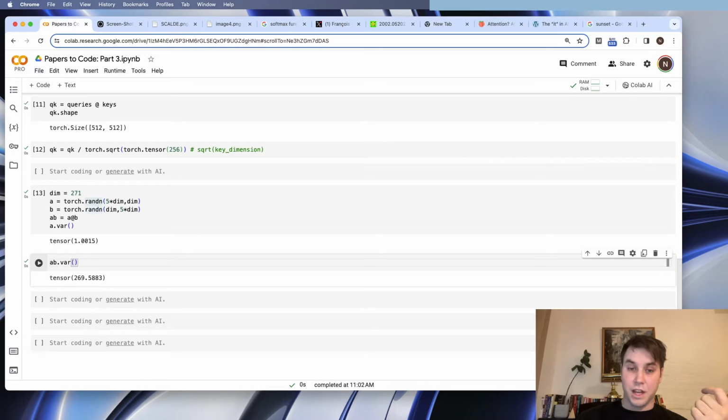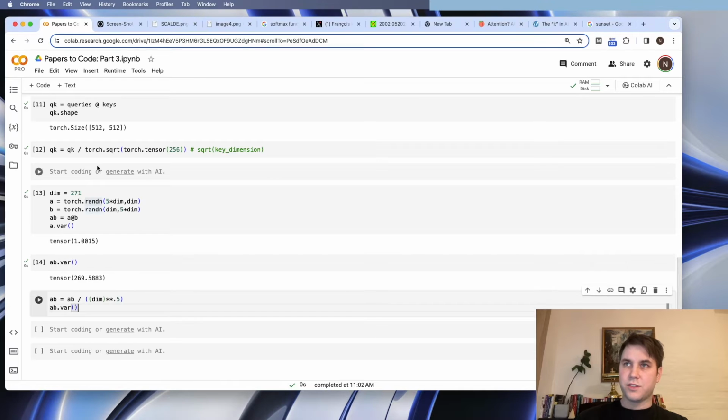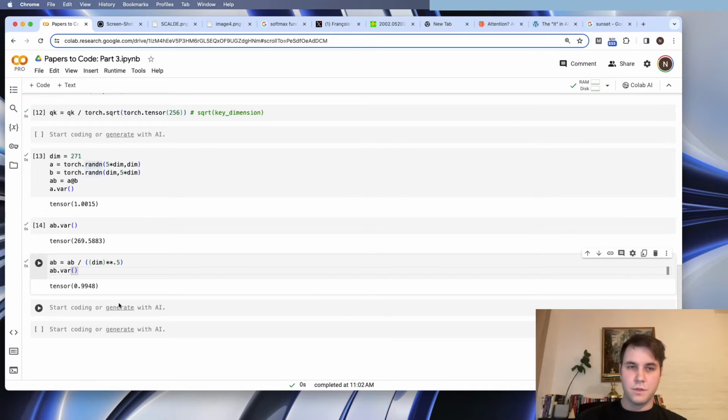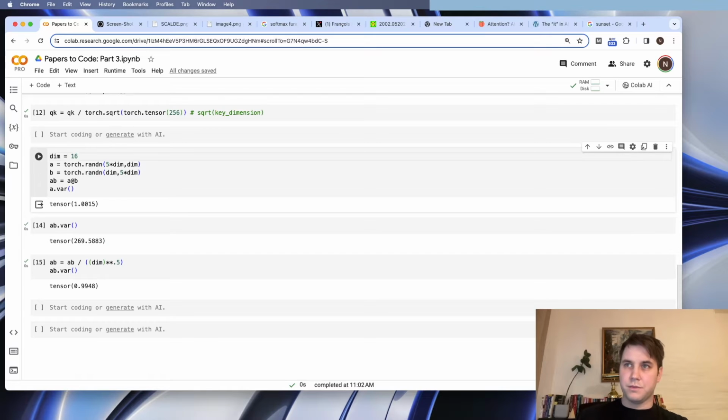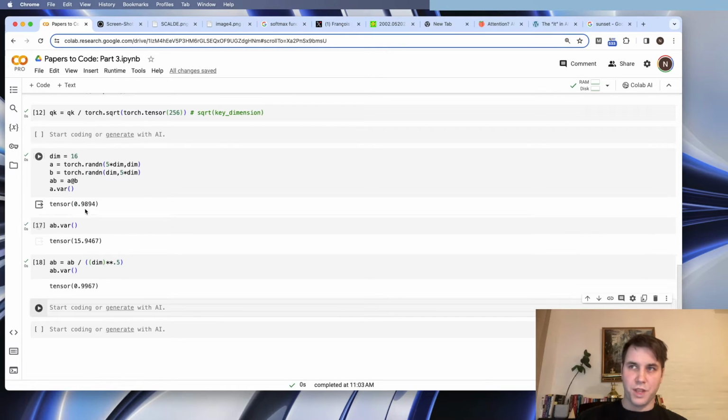It's 269. So we have this gigantic variance, which is what we don't want. What we can do now is exactly what we're doing with qk. Let's divide AB by the square root of the dimension and see what the variance is. As you see, it comes back to 1. And this really works for any size dimension. We have variance 1, it blows up to 16, and then it comes back down to 1 after we divide it.